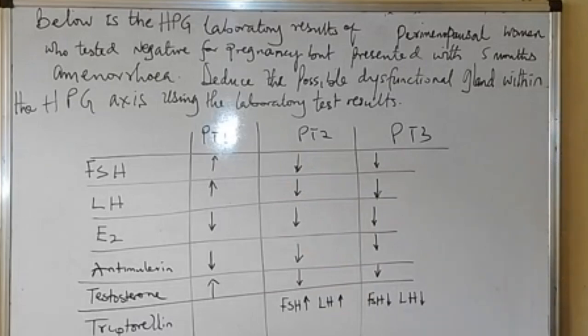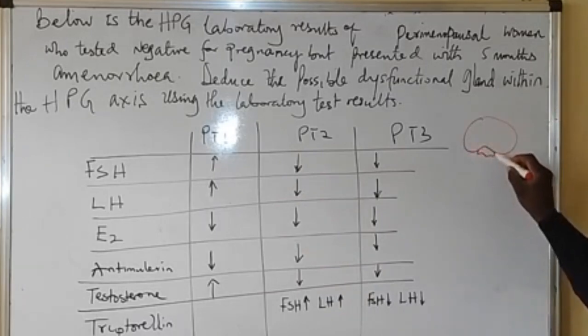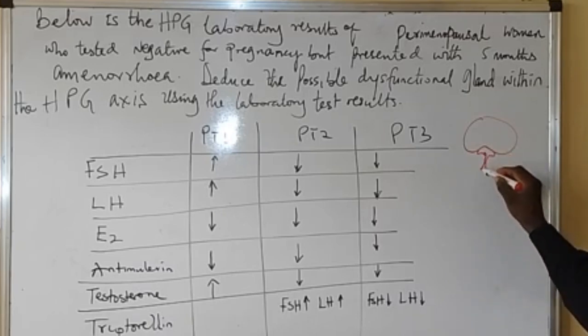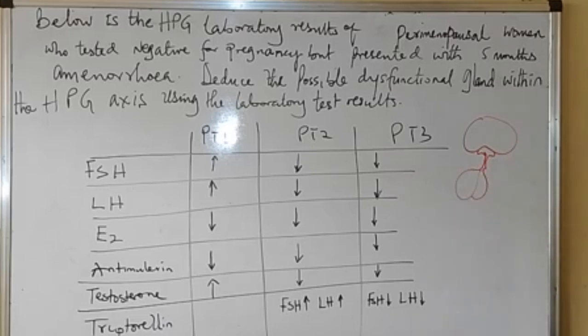Just like I said in our previous class, this is the brain, and this is the hypothalamus at the base of the brain. Connected to the hypothalamus are the anterior pituitary and the posterior pituitary.